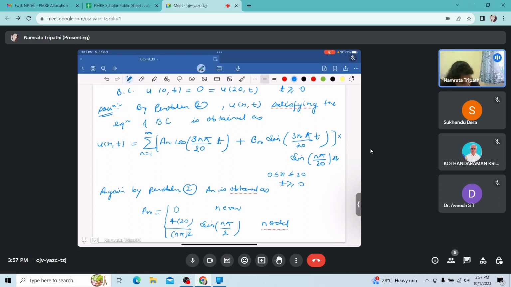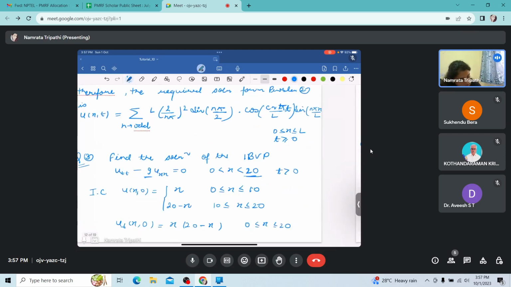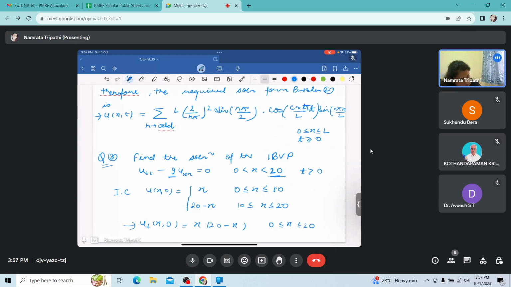with the help of the second boundary condition. This is the second initial condition. So with the help of the second initial condition, we can find the value of Bn. How to find? Just differentiate the expression and put the value of t equals 0.